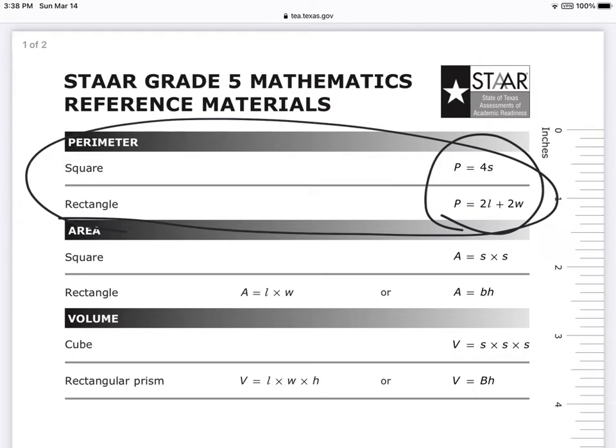But if you fall back on what you learned in your younger years, that adding all sides gives you the answer to a perimeter problem, that should get you by. We're going to look at a few examples here and try to get perimeter back on your mind from the last couple years.